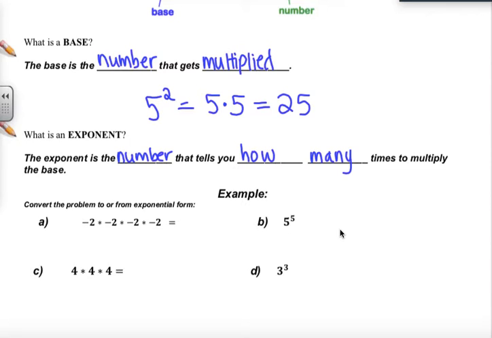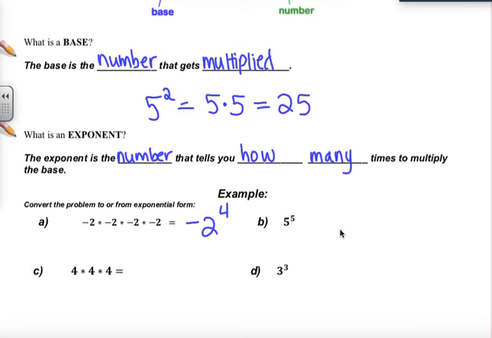We can bring it into just one of the -2's and raise it to a certain power. Since the -2 is what's being multiplied, that will be the base. So the base of this is going to be -2, and the exponent is how many times it's being multiplied. What number would I need for my exponent? 4. So this would be -2 to the 4th power.